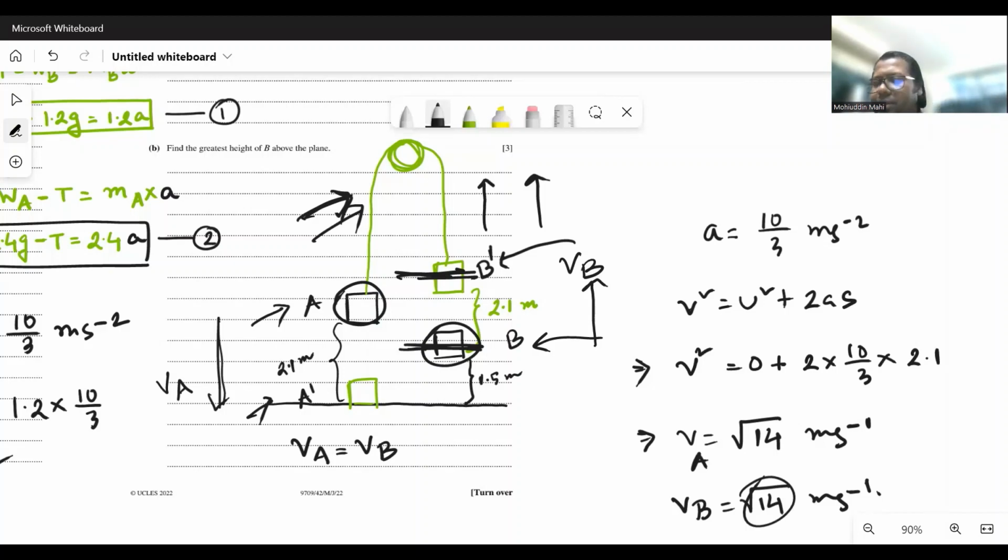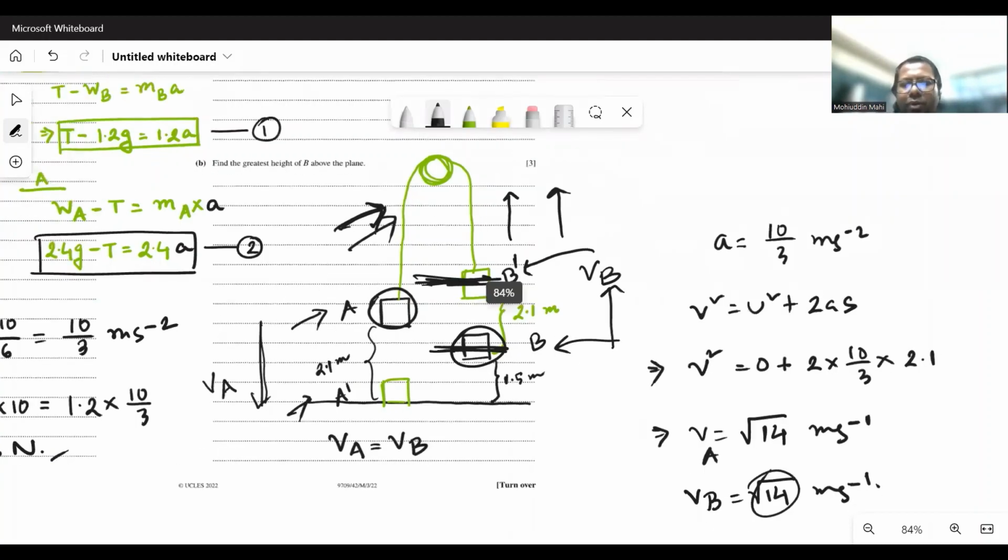But now the acceleration acting on the object is just acceleration due to gravity. Using that information, we can find out how much distance B is going to cover in upward direction from here.